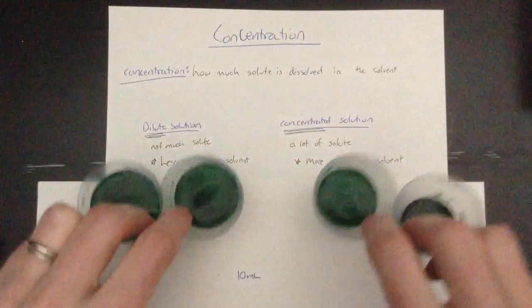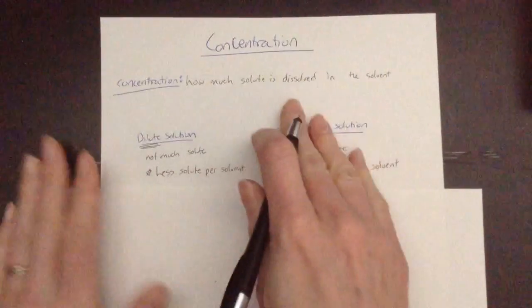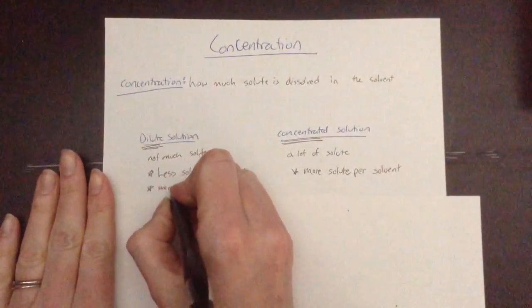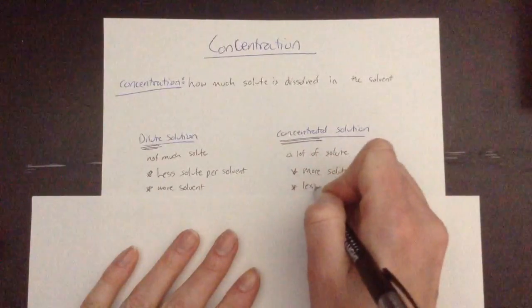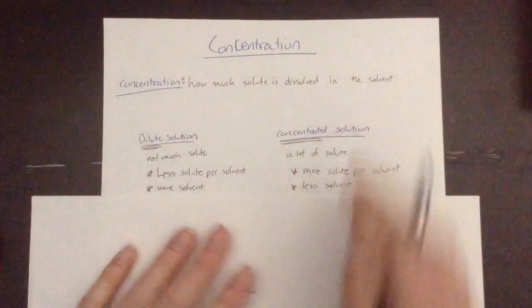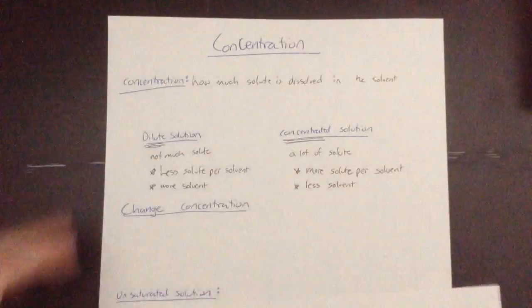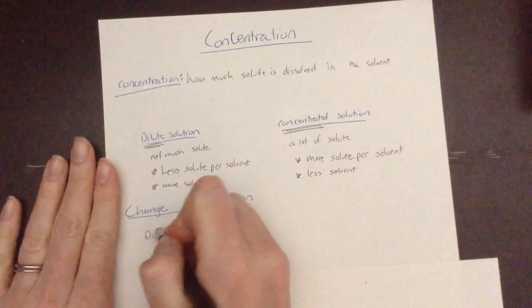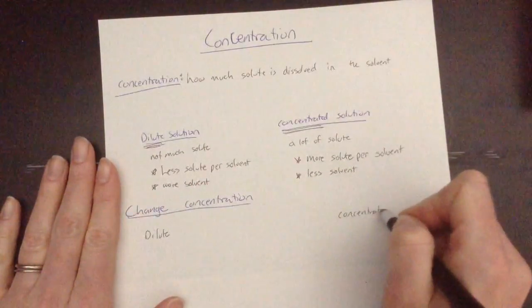So then another way that we would write this down here is to have more solvent, and this one would have less solvent. So what would you do if you needed to change the concentration? Well, here we'll put dilute over here, and we'll put concentrated over here.